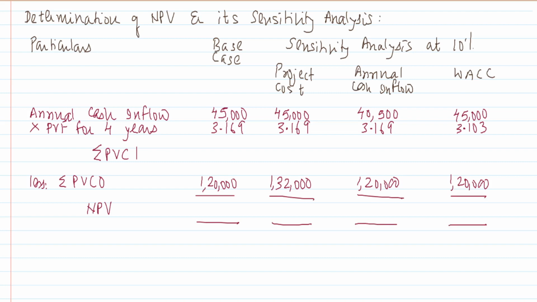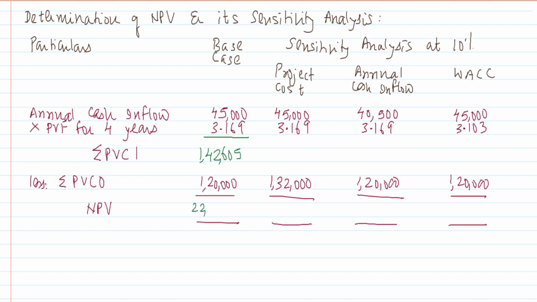Yes, let's do it. 45,000 into 3.169. I get 1,42,605. Deduct 1,20,000 from it.